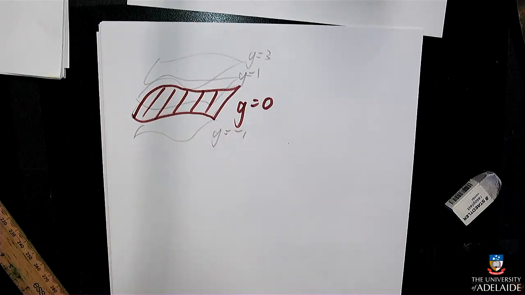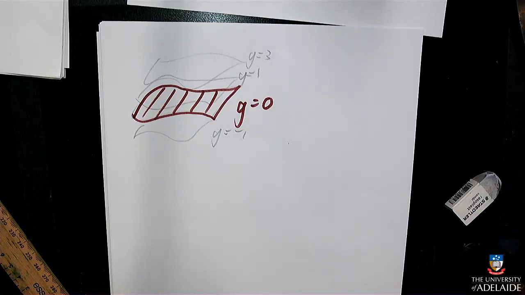So if I move in a direction in 3D that keeps me on the surface, the function value doesn't change. And so the directional derivative of g in any direction that's on that surface will be 0. Because if I'm on the surface, g doesn't change.